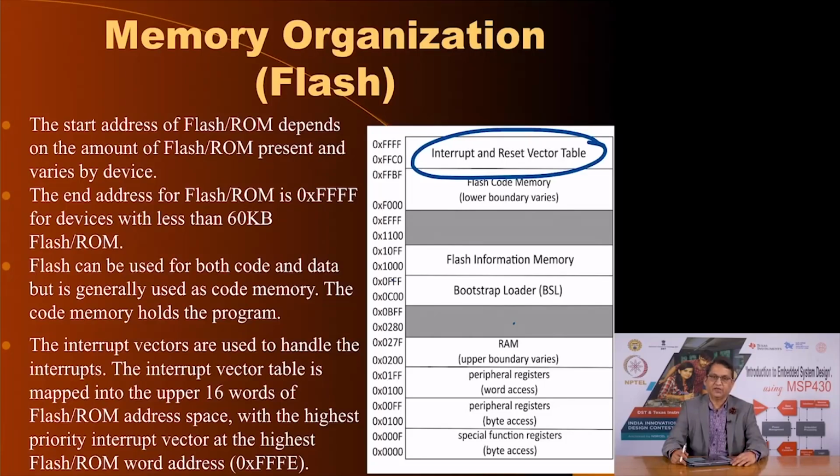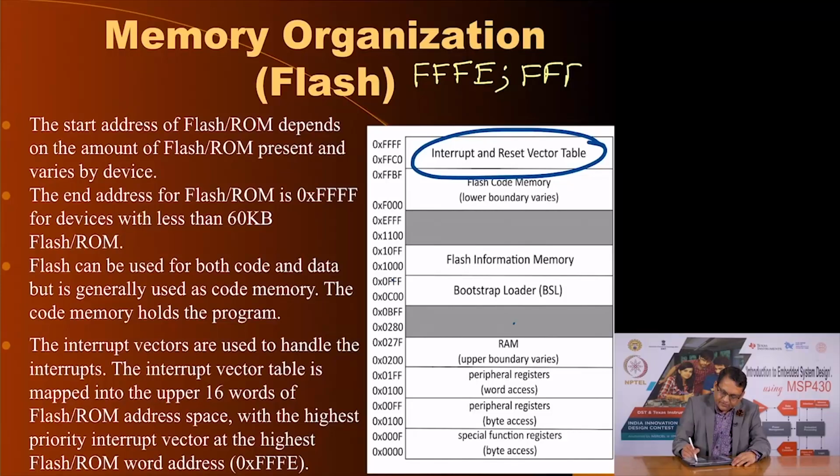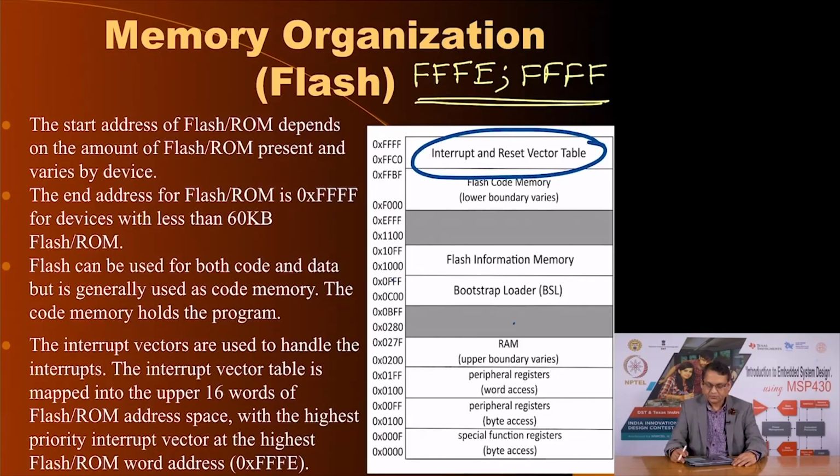We have seen that the reset vector is at address, let me write it down here, FFFE and FFFF. You see it takes 2 bytes because the addresses are 16 bits, that is why you have to use these two locations.